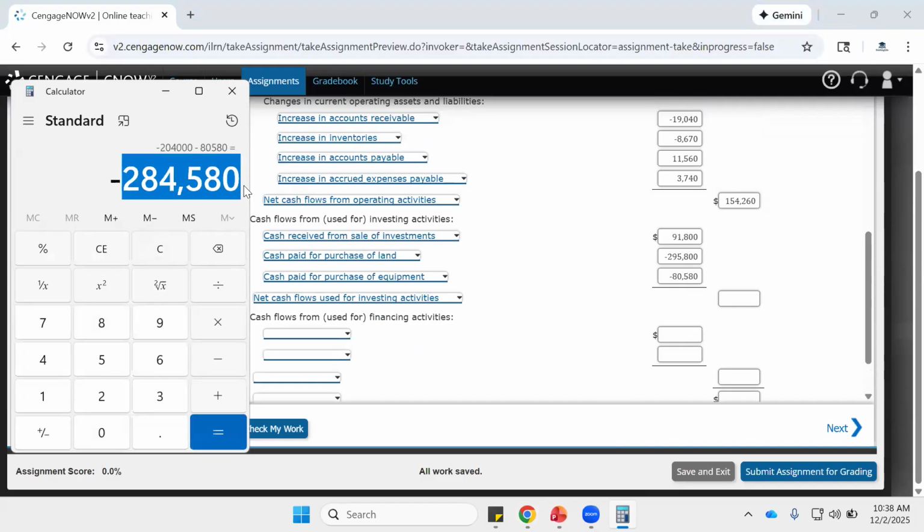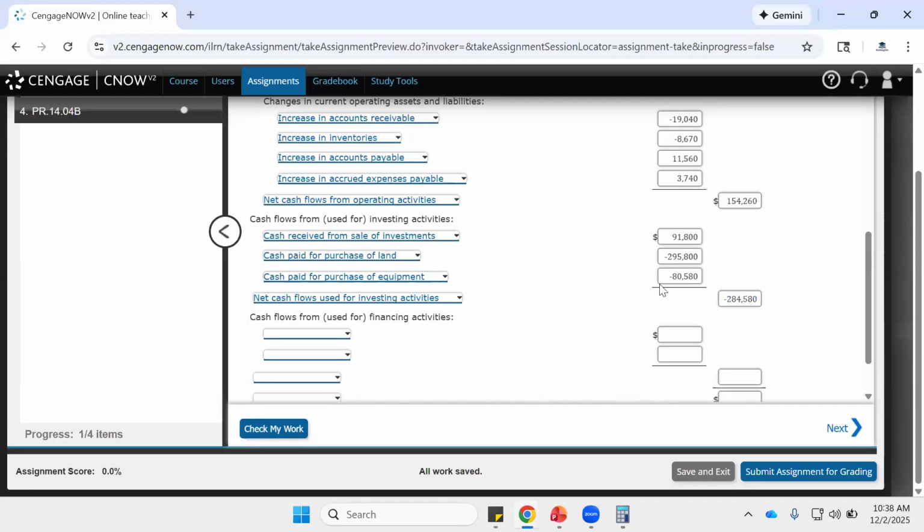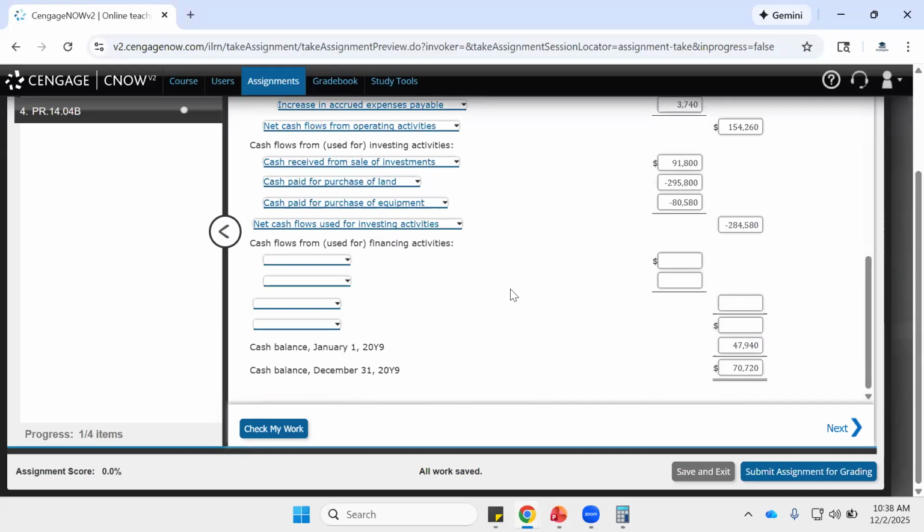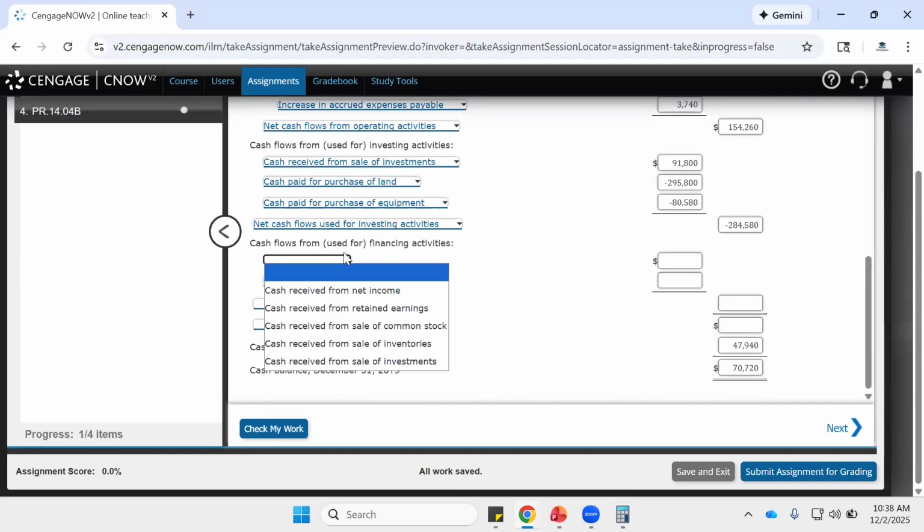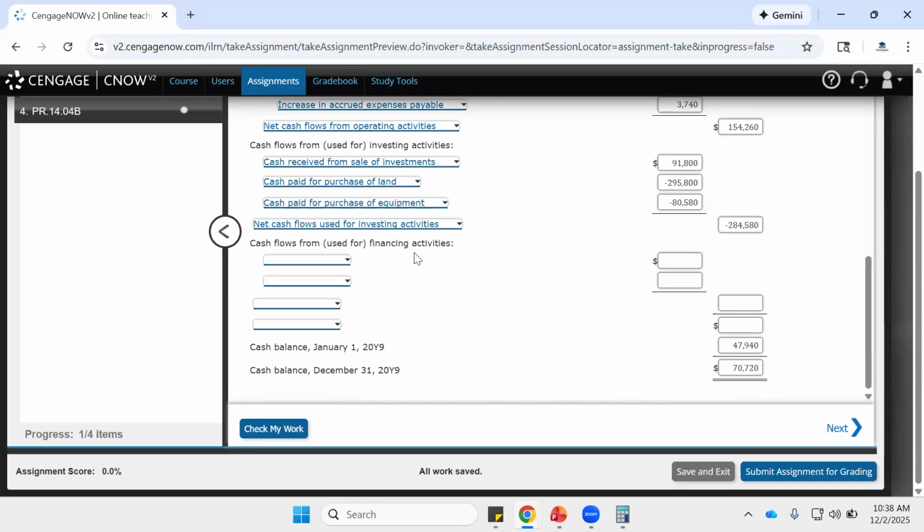We get 284,580. And this is going to show as a negative number because it's a net cash outflow, or net cash used in investing activities. Now we have net cash flows from or used for financing activities.